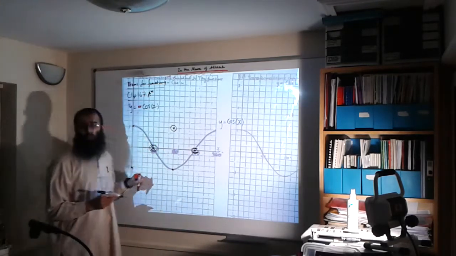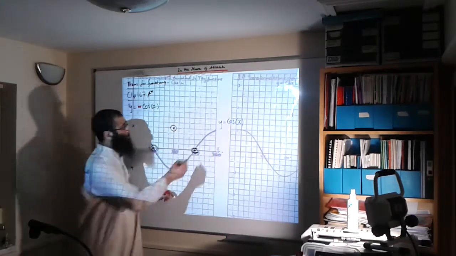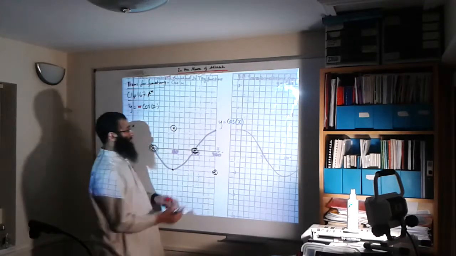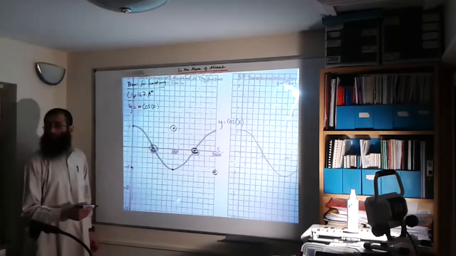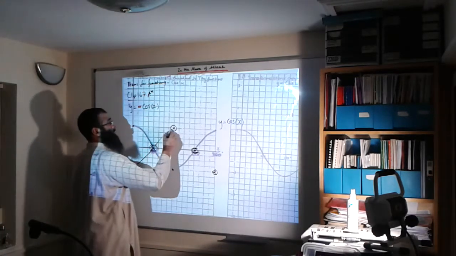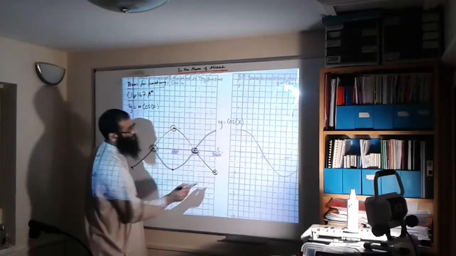Okay, now, cos of 360 is 1, we're going to reflect it in the x-axis, so that point 1 becomes minus 1. So let's try drawing the function again. There we go.